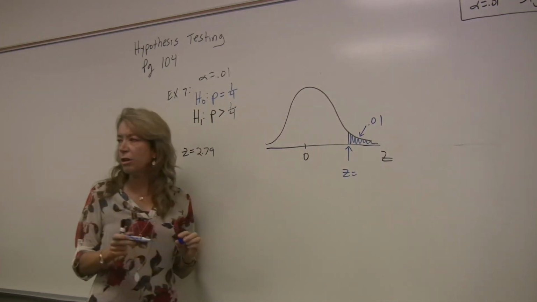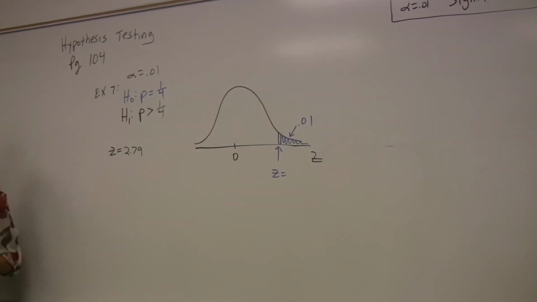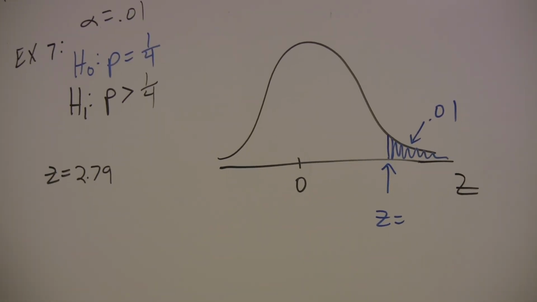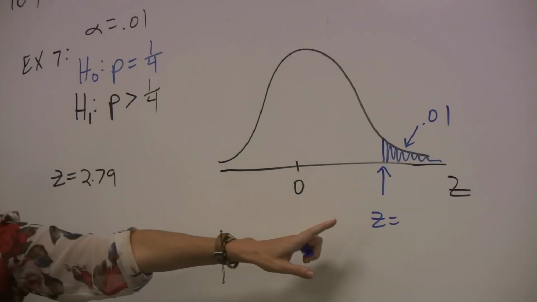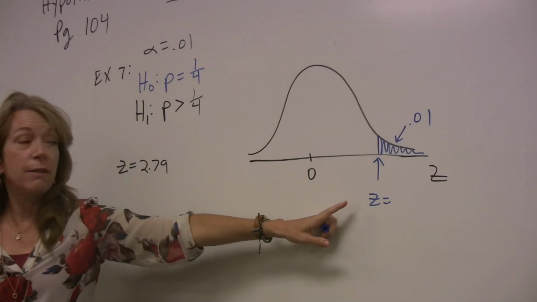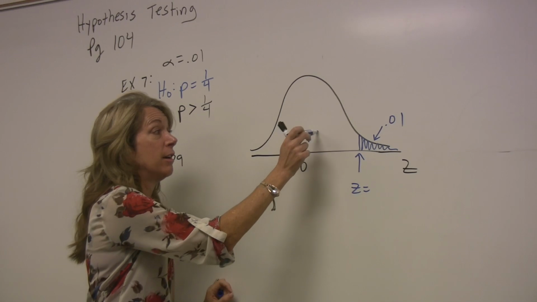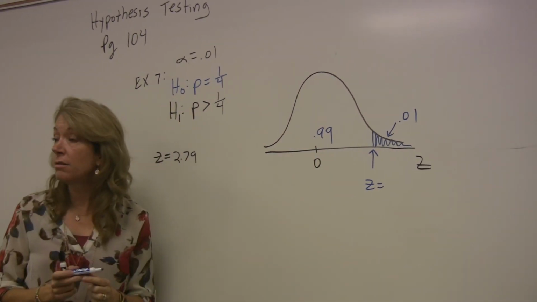Could you find this critical value? We're practicing those. Yeah. Please tell me yes. How would I find that critical value? Inverse norm of 0.99. You always tell your inverse norm the area to the left.